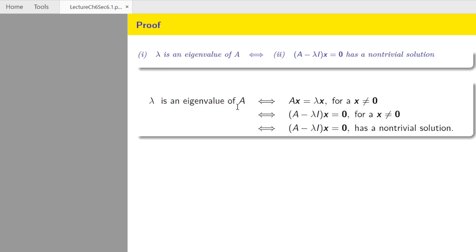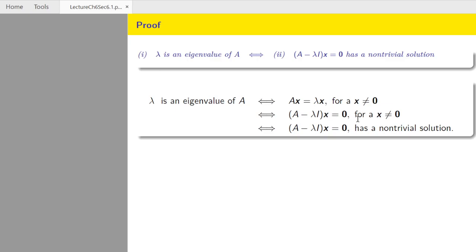Lambda is an eigenvalue of A means Ax equals lambda x for a non-zero vector x. If we move lambda x from the right side to the left side, then we get the same system as the second statement, (A minus lambda I)x equals 0.